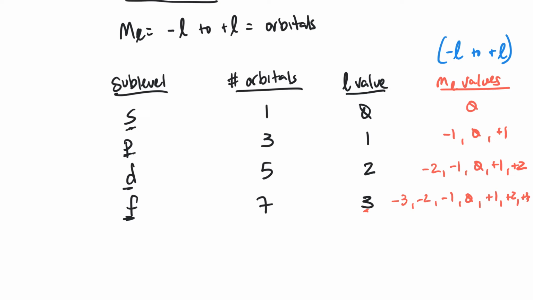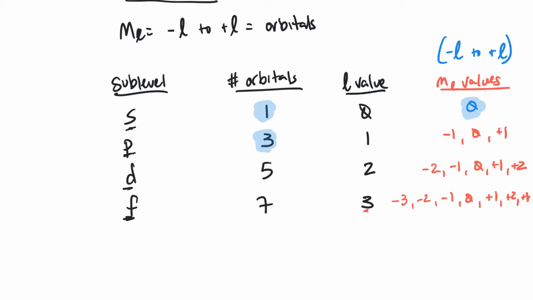Okay, and so now when you're looking at this, you could compare it: the number of orbitals actually correlates to how many values you have. Since S has 1 orbital, you only have 1 possible M sub L value when L equals 0. Since the sublevel P has 3 orbitals, the L value is 1, and there are 3 possible values: -1, 0, +1.